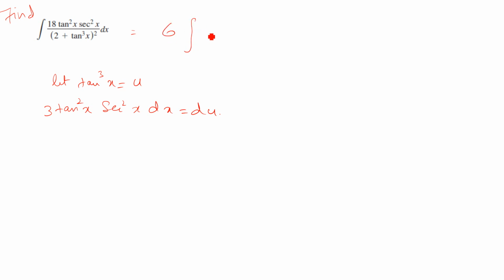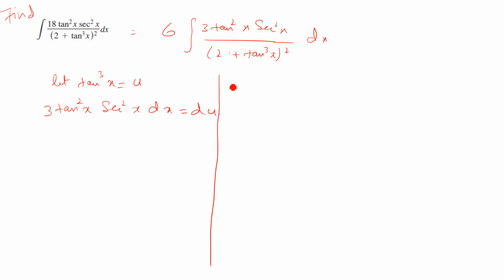So we have 6 times the integral of 3 tangent square x secant square x divided by 2 plus tangent cube x, squared, dx. And by this substitution, this becomes 6 du over 2 plus u, squared.